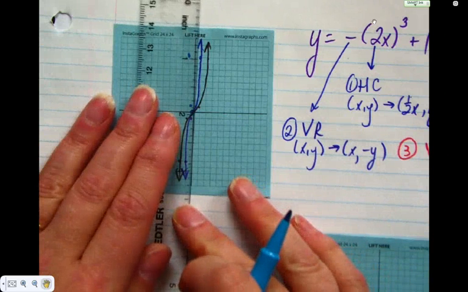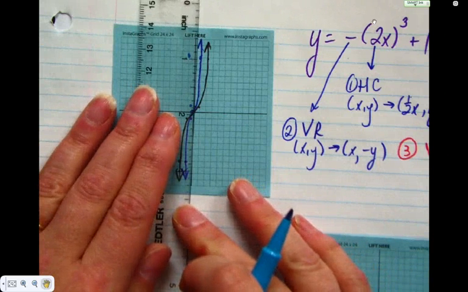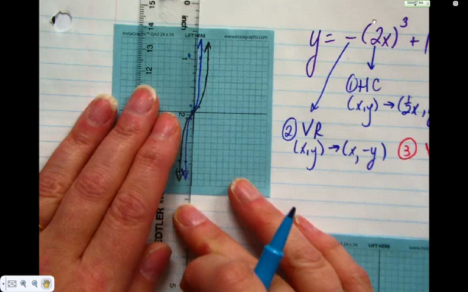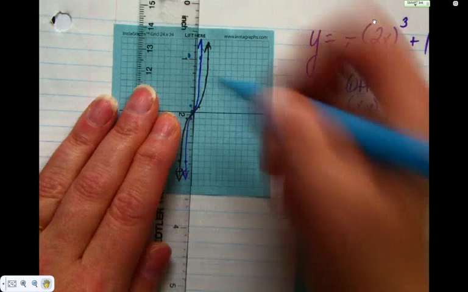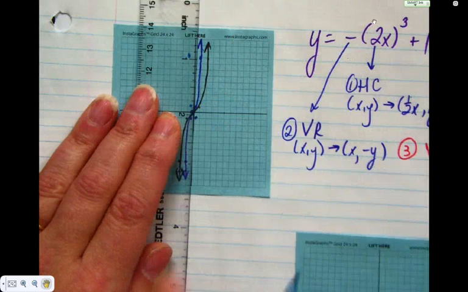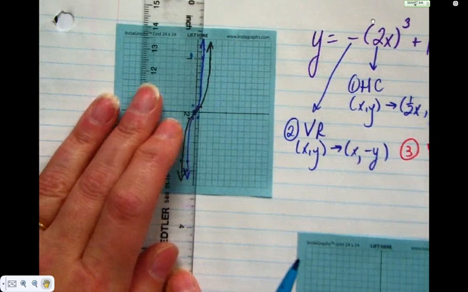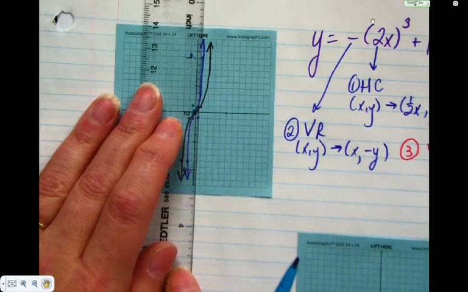Fourth point was at a half, 1. The 1's going to become -1. And the last point was at 1, 8. 8's going to become -8.